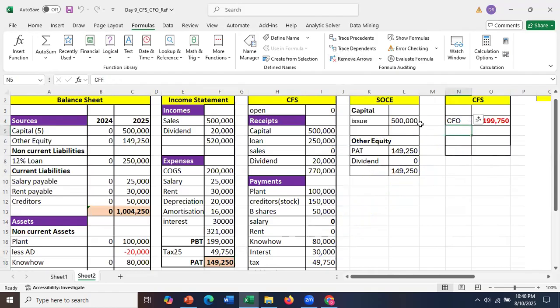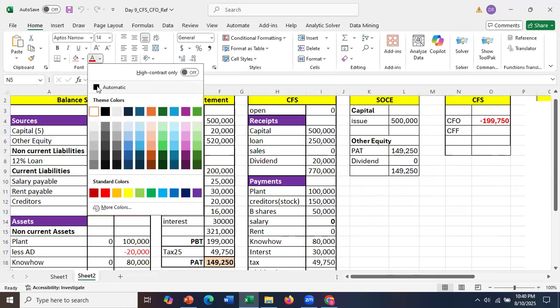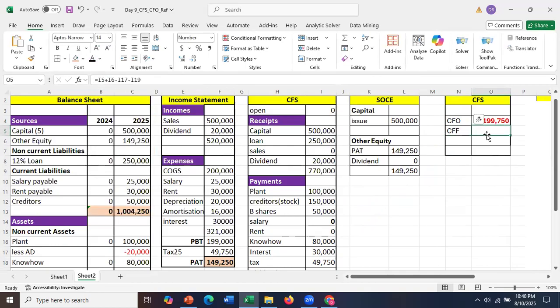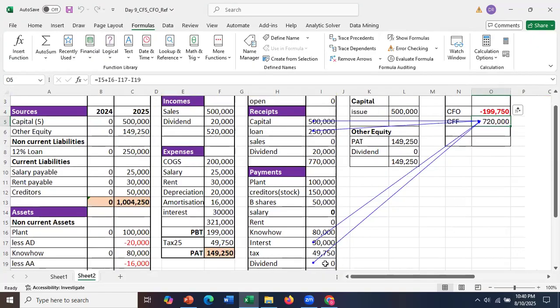Then let us see CFF, cash from financing. Cash from financing is the money raised through capital, money raised through loan, and payment of interest and payment of dividend, which is 0 here. So that means the business has started and they have raised money.